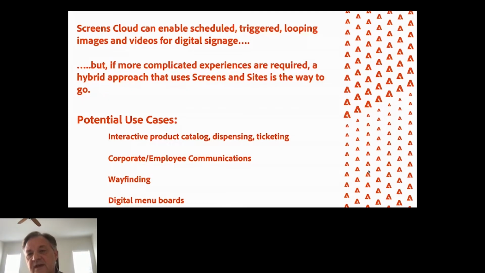This is a use case that in many cases incorporates dynamic pricing. It can incorporate data triggers for things like out of inventory situations for particular food items, and just a wide variety of different types of experiences that can leverage the large format displays that are typically used in a digital menu board deployment.